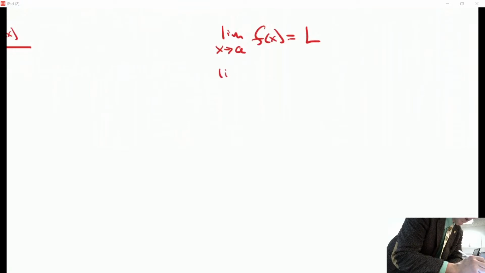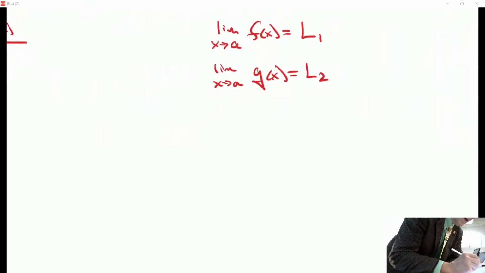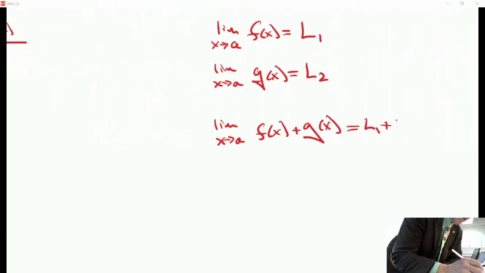Here's what I mean: if you know that the limit as x approaches a of f of x is L1, and the limit as x approaches a of g of x is L2, then the limit as x approaches a of f of x plus g of x is equal to L1 plus L2.